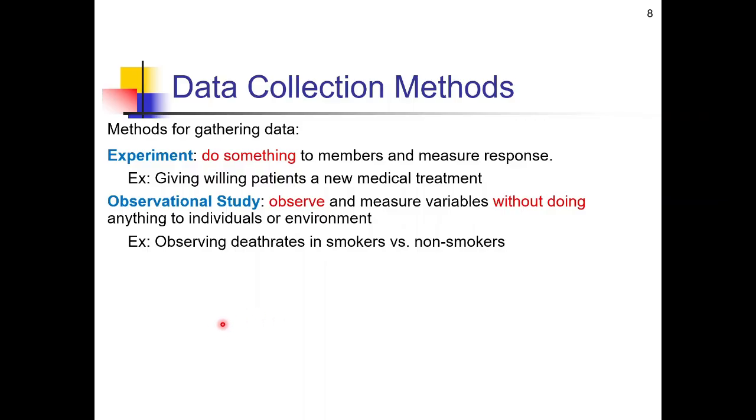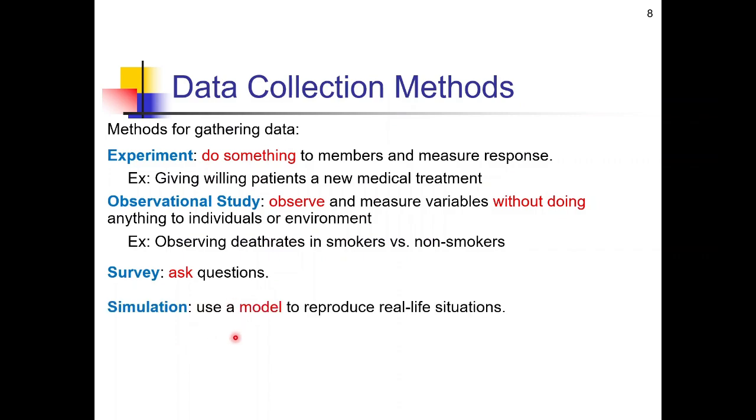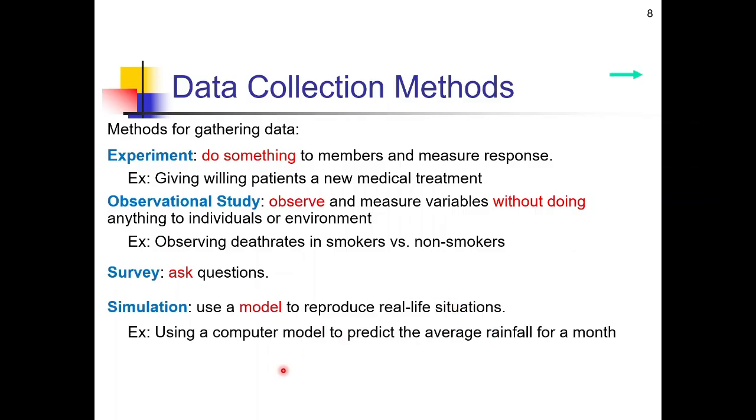Now, another one that we sometimes use is the survey. This one's kind of straightforward. This is where you literally just ask questions of whatever your sample is. And the last one is a simulation. This is where you use a model to reproduce real-life situations. One example of this may be using a computer model to predict the average rainfall for a month. Or another example is if you're trying to test out the safety features in a car, you might put one of those mannequins, a crash test dummy, in the car and crash the car.